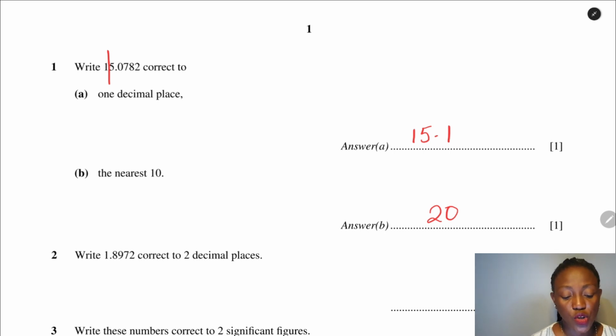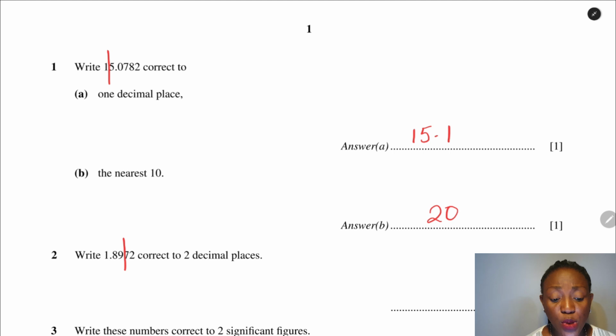Now, to question number 2. Write 1.897 correct to 2 decimal places. Remember I told you for the first question, your 2 decimal places will be 2 digits after this decimal point. So our 2 decimal places will be right here. Now, we have the digit after it being 7. So since the digit is 7, we need to round up.